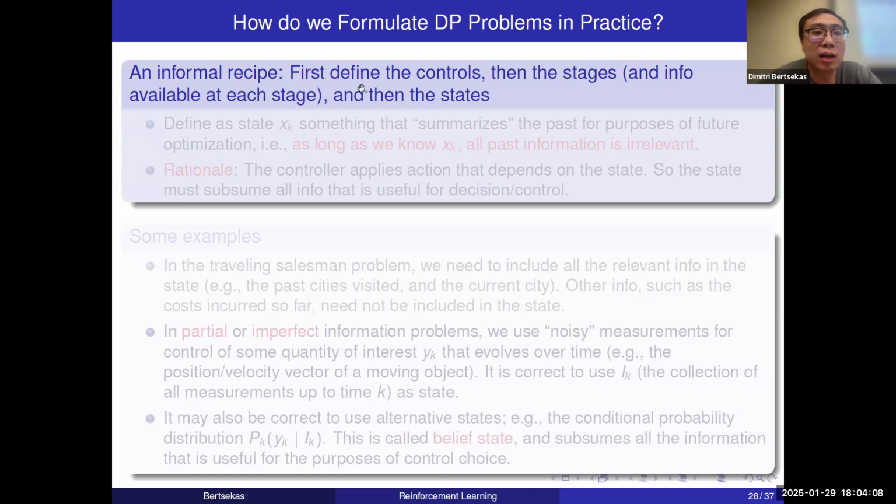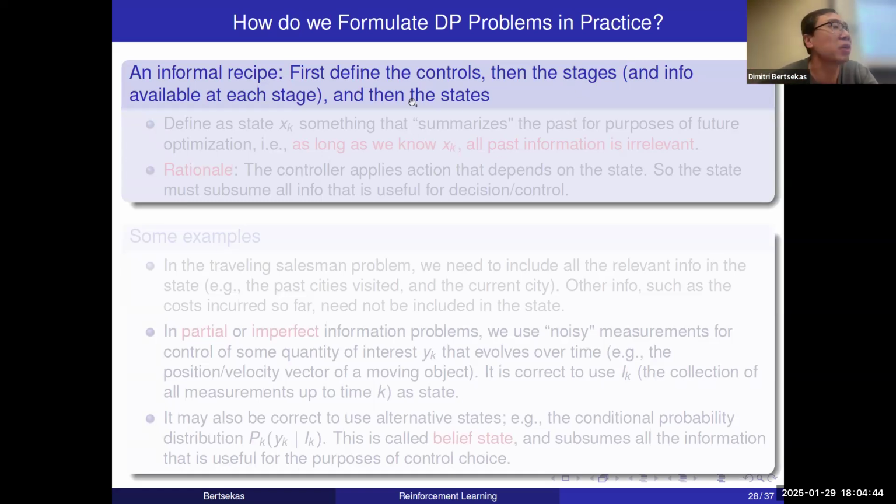So typically, it's a good idea to first define controls and then the stages. The stages can be defined when the information is available. Essentially, that information is used for us to make decisions, to select controls. Therefore, you should consider it a new stage if new information emerges that helps you to make the decision.